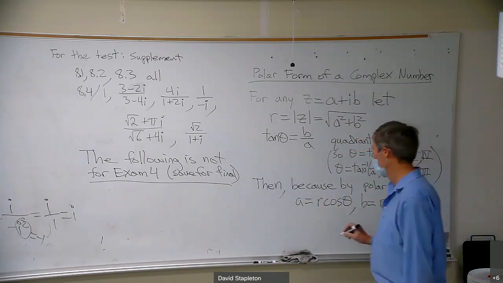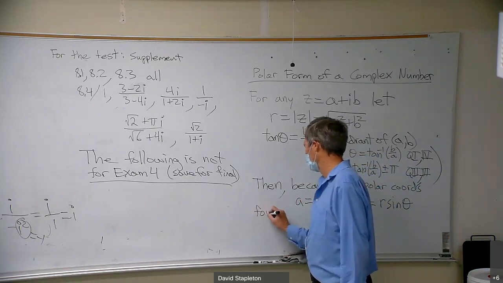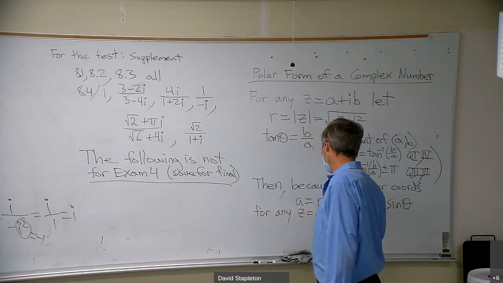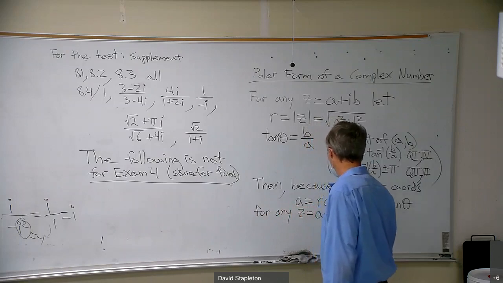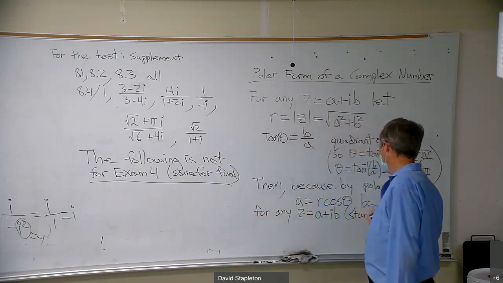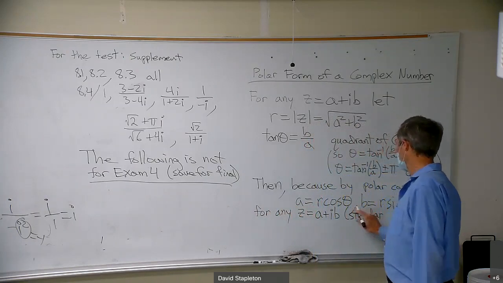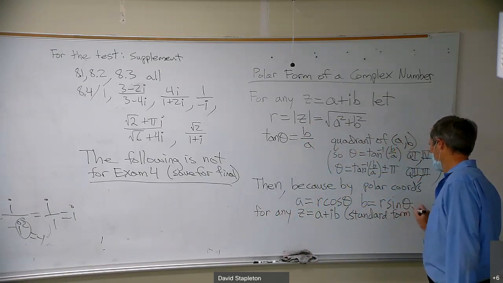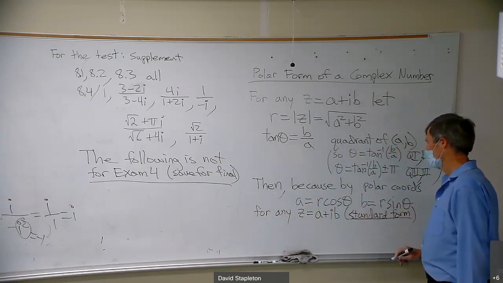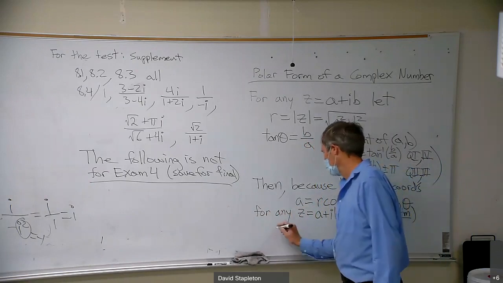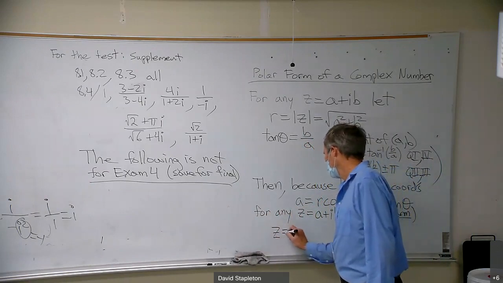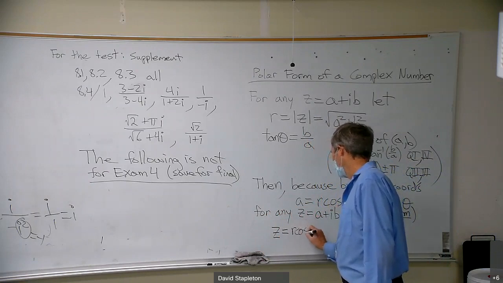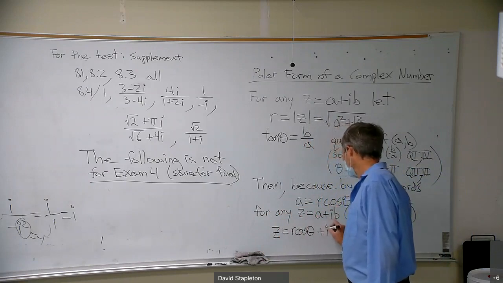We can write for any complex number whatsoever in its so-called standard form, a plus ib. Complex number standard form is just the a plus ib form. We have z is equal to a is r cosine theta, b is r sine theta.